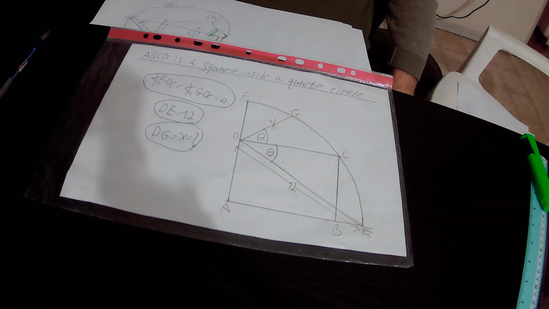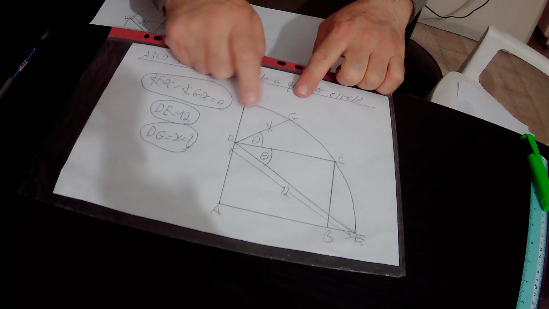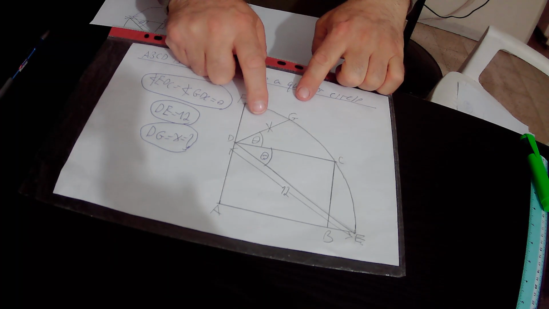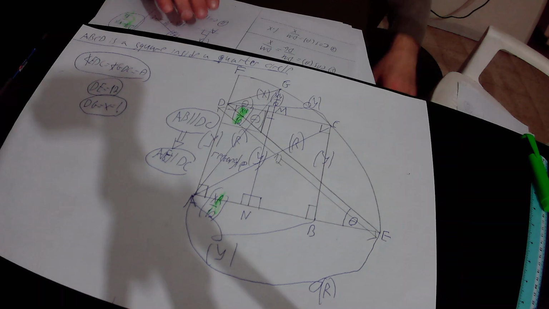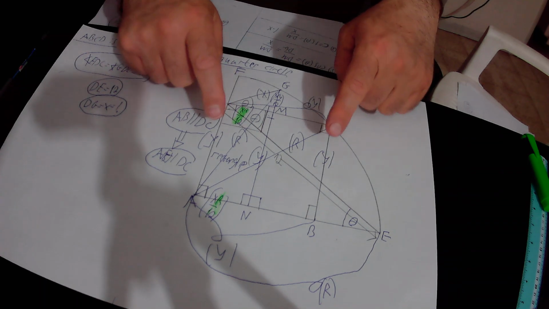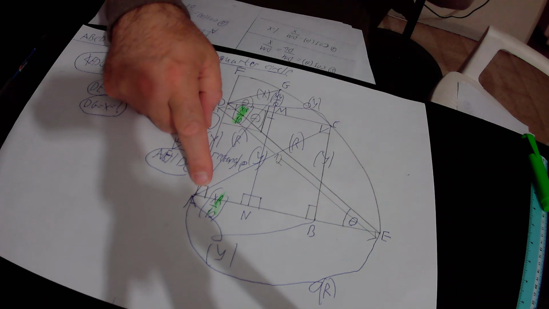And our mission is to find the length of line GD that is equal to x according to what is given as the equation. We have to find the value of x. So first of all, we know that all four angles inside square ABCD are right angles.